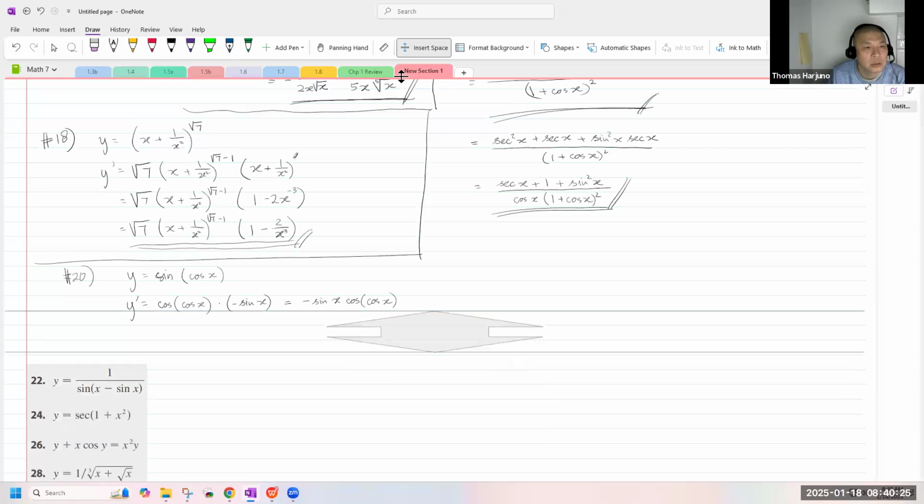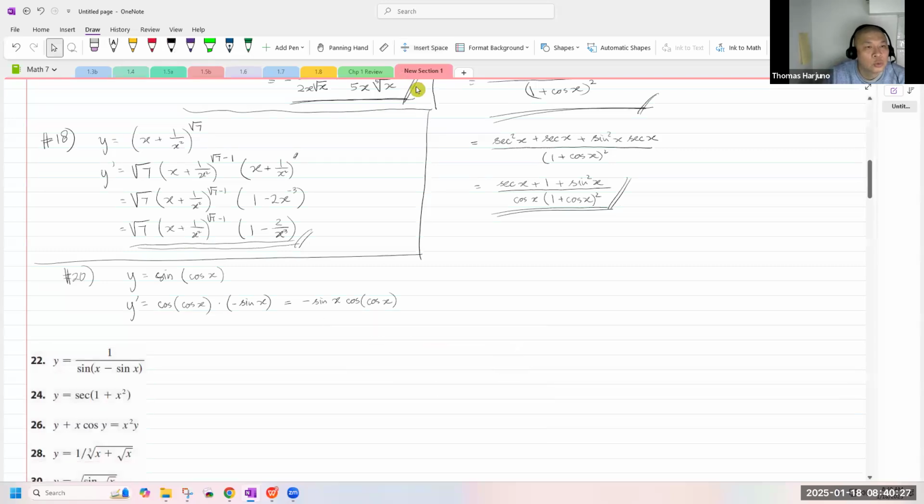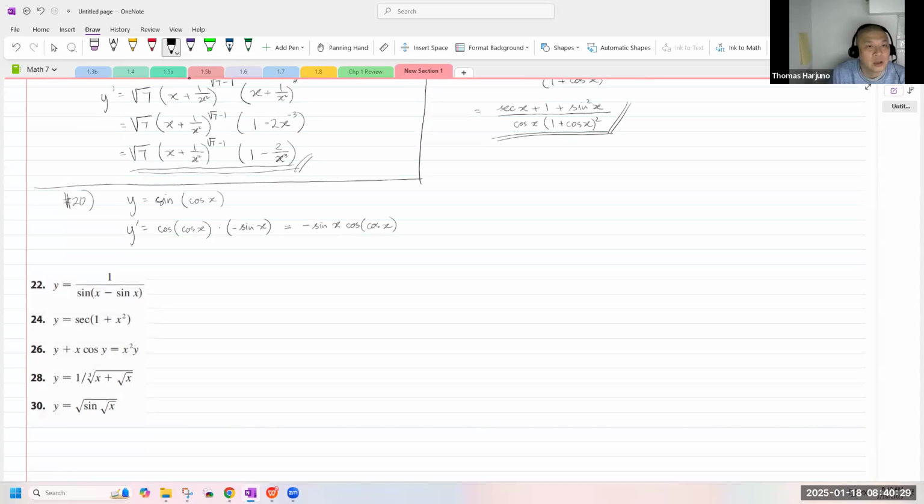Let's go on to number 22. Ooh, that looks kind of ugly, huh? Number 22, y equals 1 over sine x, sine of, not sine x, sine of x minus sine x. I don't think I want to do quotient rule, especially because 1 over sine is cosecant.